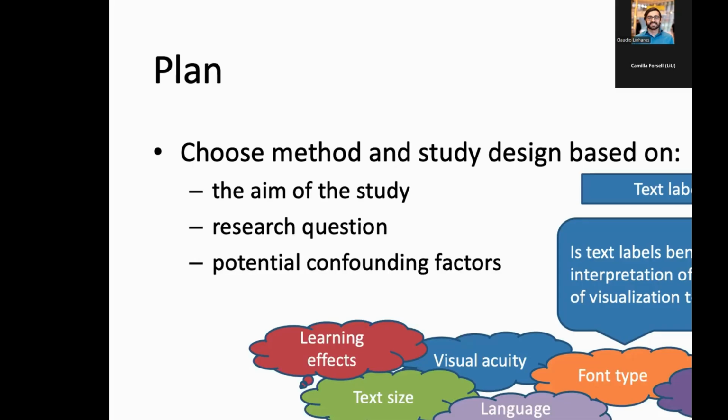And then we also need to think about what could possibly contaminate our results. I talked about confounding factors, right? So if we're going to look into how text labels are perceived and read, there's a number of things that we need to consider, right? That we need to control to be able to attribute the results only to the different text labels and not to any other confounding factors, right?